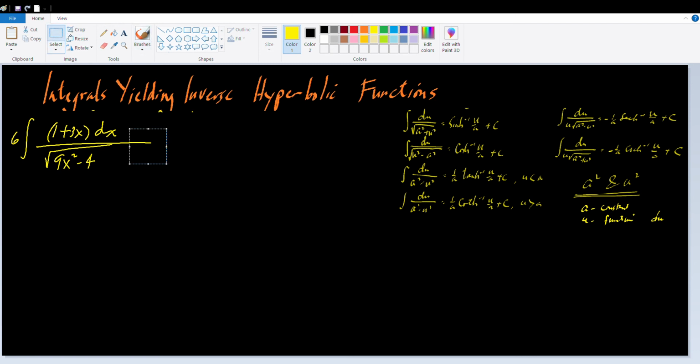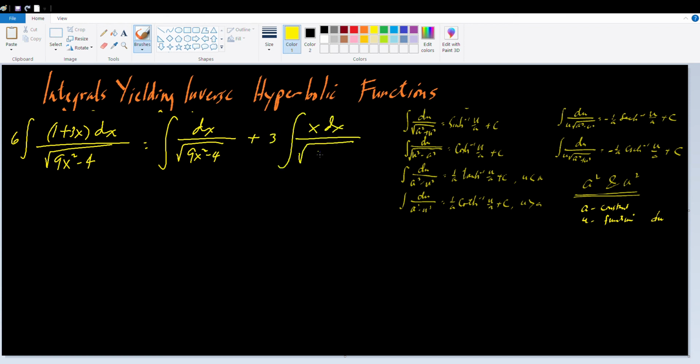So for this integral, let us split this into 2: dx all over the square root of 9x squared minus 4, and then plus 3x dx all over the square root of 9x squared minus 4. For the first integral, dx over the square root of 9x squared minus 4, the radicand is of the form u squared minus a squared, where a is equal to 2, u equal to 3x, and du is 3dx.